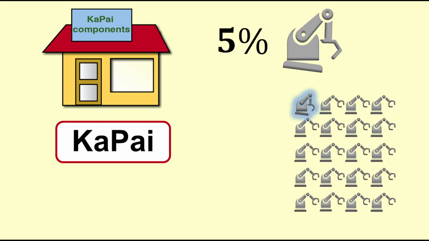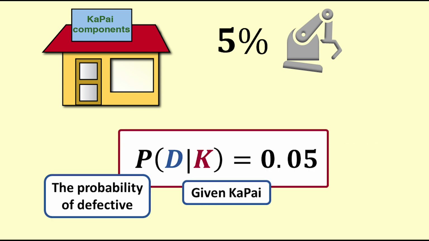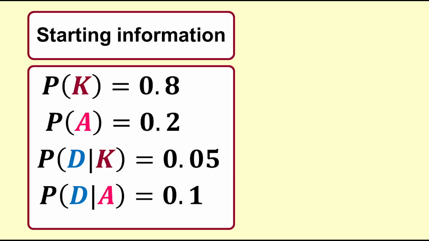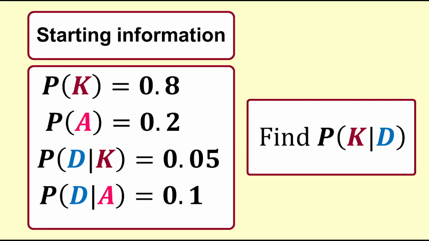Now we also know that the probability that a Carpi part is defective is 5%. We write this probability of defective given Carpi equals 0.05. Similarly, the probability of defective given Acme is 0.1. So here is all we know at present. We want to find out the probability of Carpi given that it is defective.